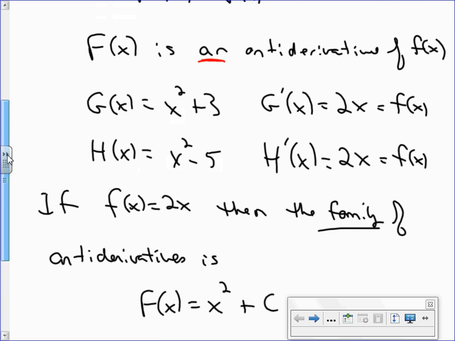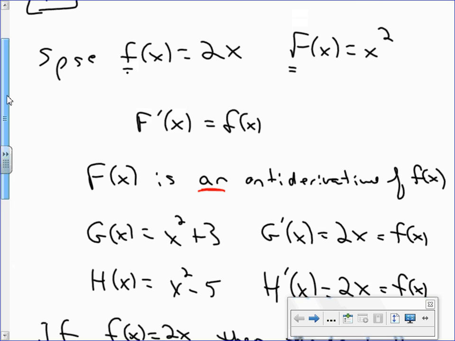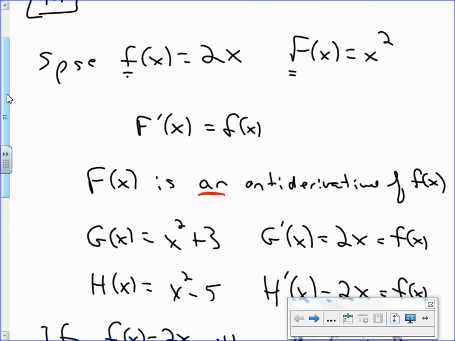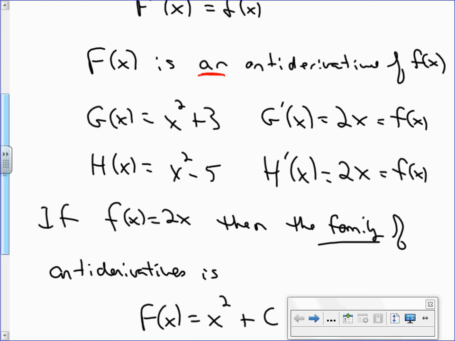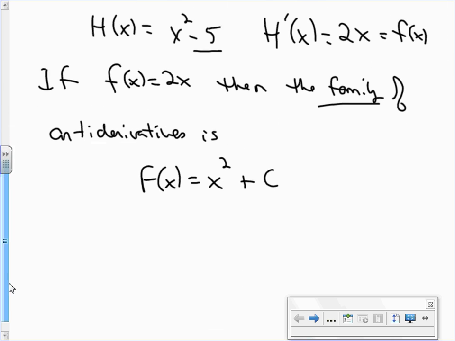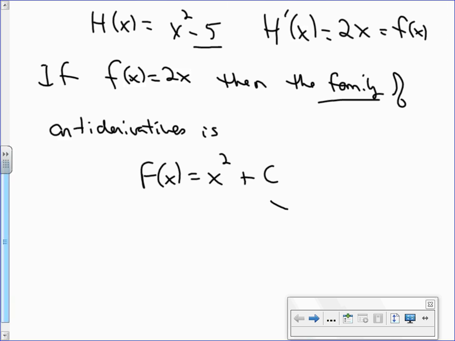So in the first antiderivative that I did up here at the beginning, my antiderivative had a constant of 0, and then I gave another example with a constant of 3, another one with a constant of -5. Any constant will do, all right? This is called the constant of integration.